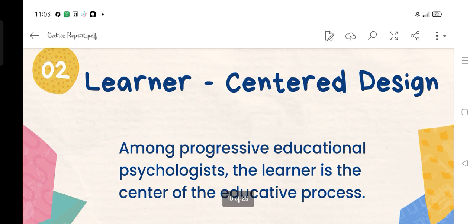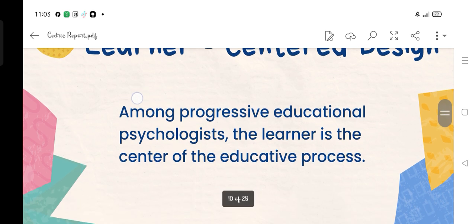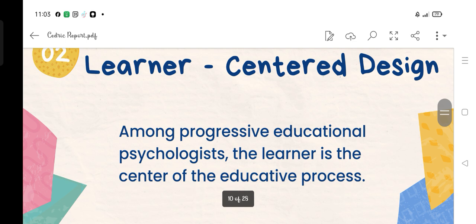Okay, then number 2 is still learner-centered design naman tayo. Kung kanina meron tayong subject-centered design, ngayon meron tayong learner-centered design. Among progressive educational psychologies, the learner is the center of the educative process.